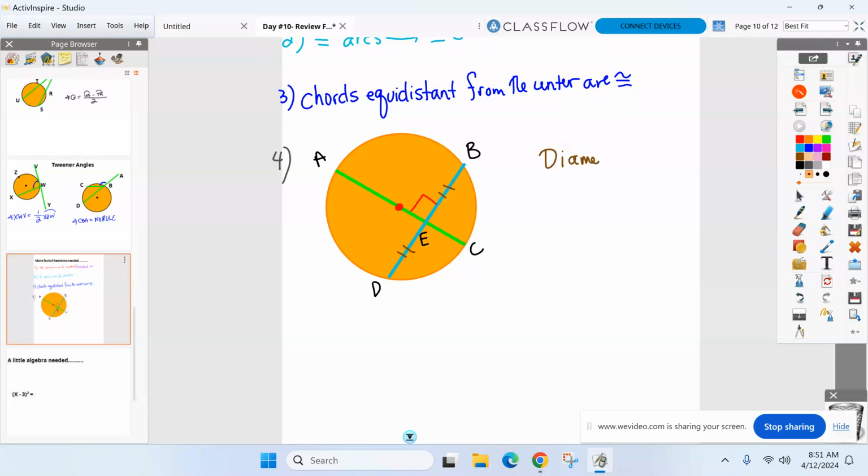Diameter perpendicular to a chord bisects the chord. All right, there it is. That's everything. I got a couple other things I want to do with you, but that's everything.